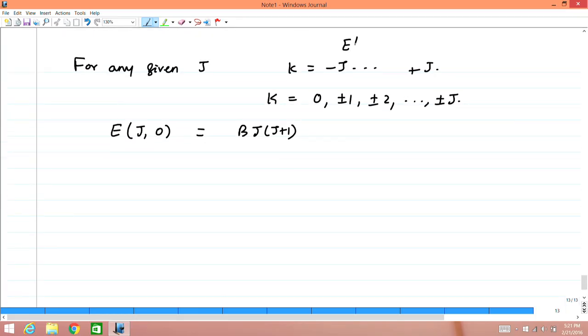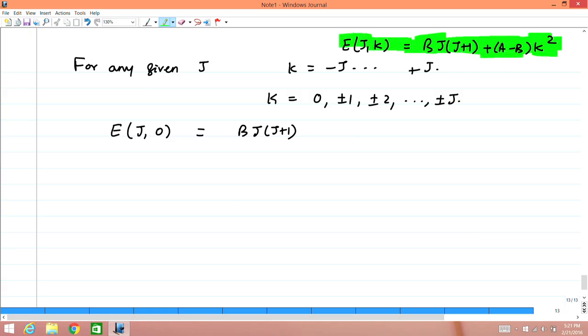So, let us keep that in a corner somewhere. E_JK is B J(J+1) plus (A minus B) K squared. This is what we are using to write down the expressions for different energy levels.